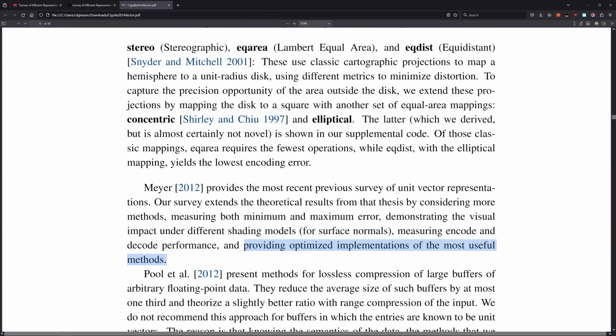Okay, so the Meyer paper, which has been referenced multiple times already, does some surveying, but we do more in this paper.